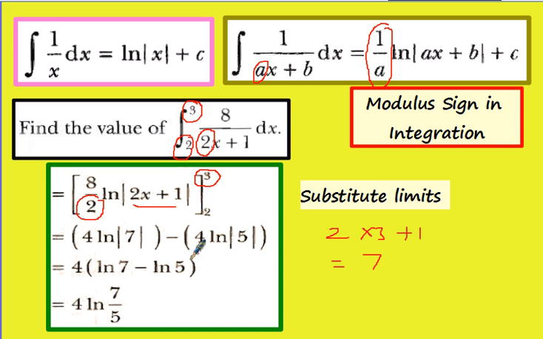Same way here, when you substitute 2, you get log 7 minus log 5. So if you know the log rules, log x upon y is log x minus log y. So same thing we have written here. So log 7 minus log 5 means log 7 upon 5.